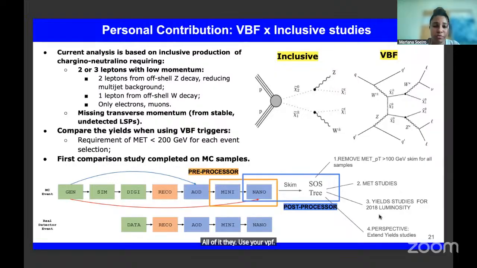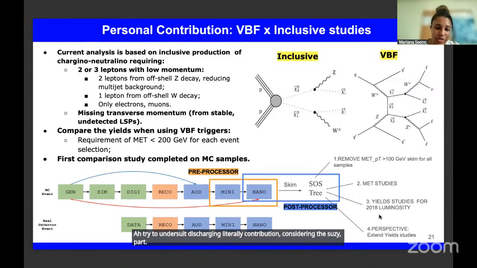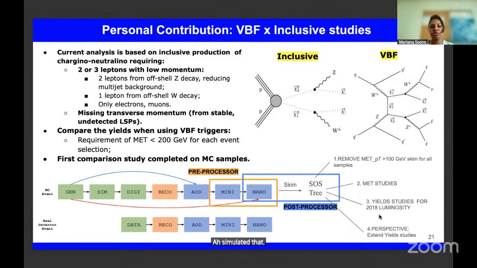Here we have a little about my contribution. Basically, I try to understand the chargino-neutralino contribution, considering the SUSY part. I simulated that chain, the pre-processor and the post-processor. At the end of this chain, we have a skim part and SOS3.